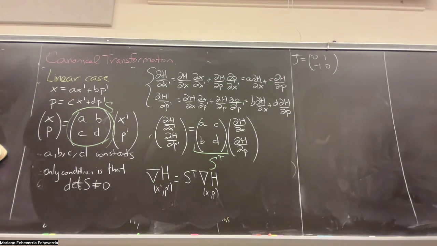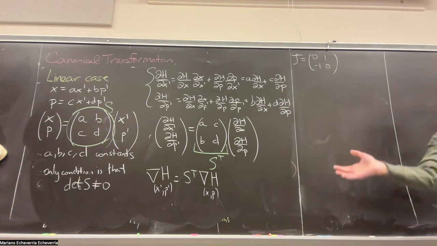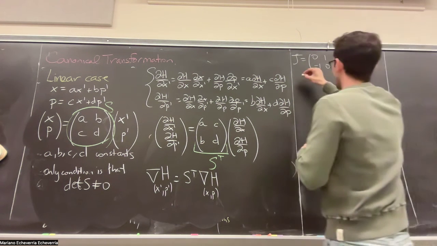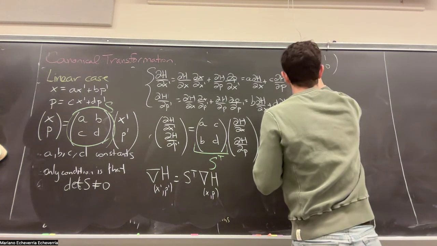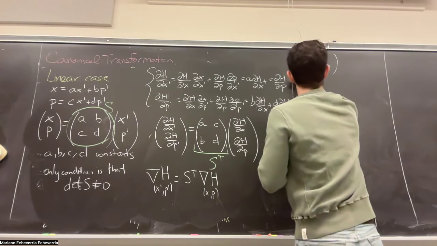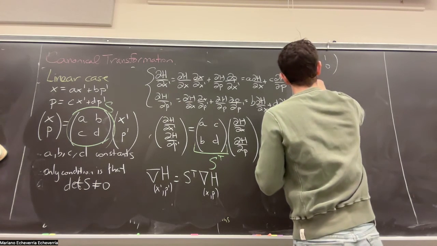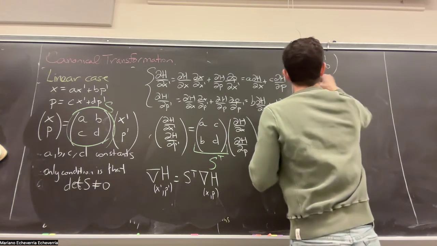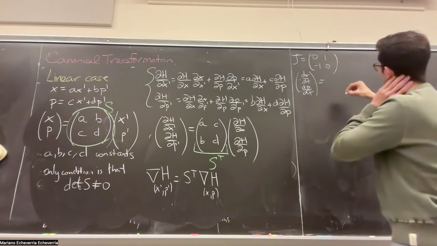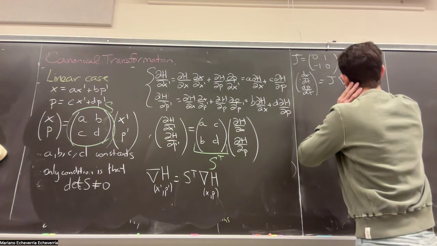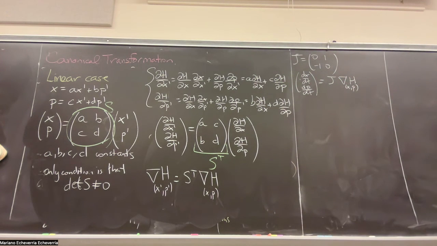The nice thing about that matrix J is that you could write Hamilton's equations in a nice way, because it was just taking the gradient and rotating it by 90 degrees. The matrix way to write Hamilton's equations was J times the gradient.